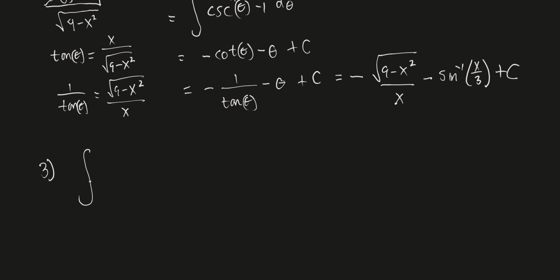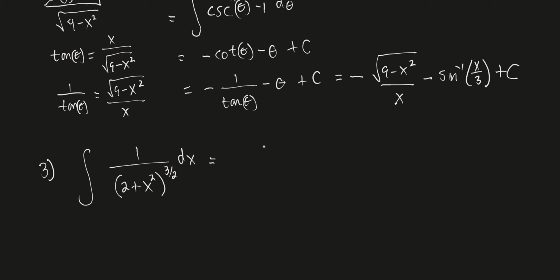Let's look at the integral of 1 over the quantity 2 plus x squared to the power 3 halves. Well, we don't really see a radical, but it's there. It's kind of in disguise, because this fractional exponent with a denominator of 2 tells me that there's a root in here somehow.